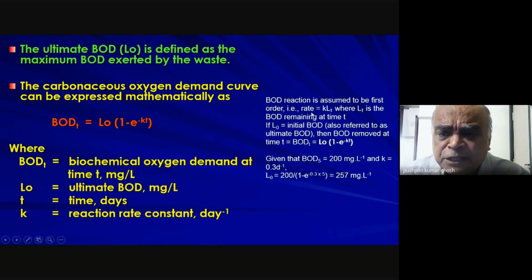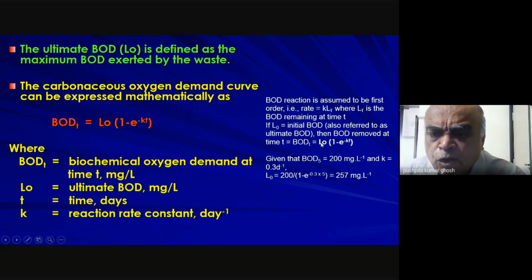The BOD reaction is a first order reaction, and so I can write rate is equal to the rate constant multiplied by the concentration, where concentration is related to the BOD remaining at time t. L0, which is the ultimate BOD, is also what initially must have been there in my sample.